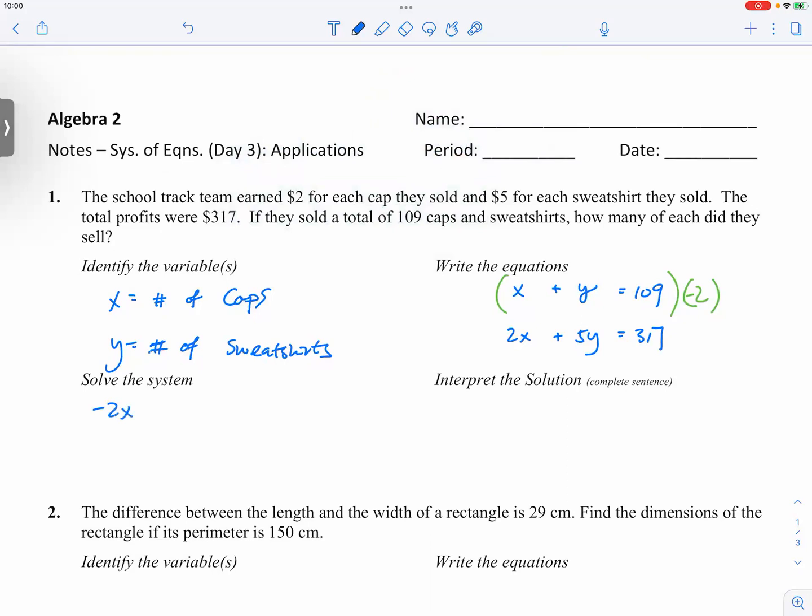Because we have 2x down the bottom, and we want to have -2x so that we can easily eliminate the x. Now, you may eliminate the y. It doesn't really matter. It's your choice. So that's how we're going to set it up. And the 2x and -2x are going to cancel out.